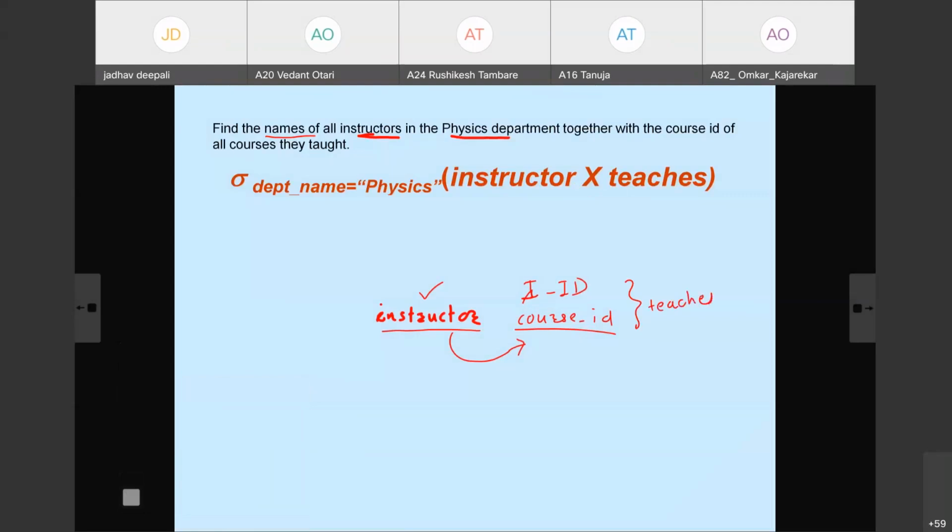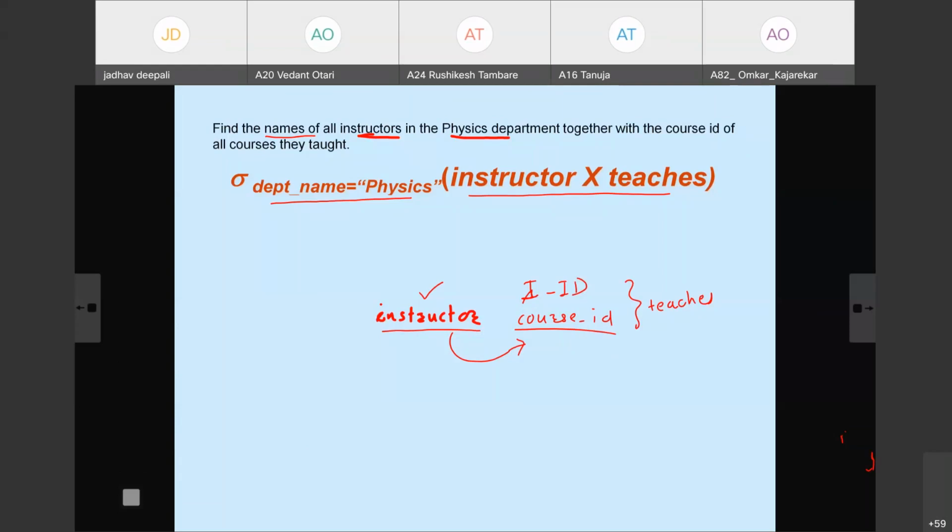I have written here only the subquery. Select those tuples from instructor into teachers. We need to use the Cartesian product as there are two relations. Instructor into teachers where department name is equal to physics. How does this query execute?